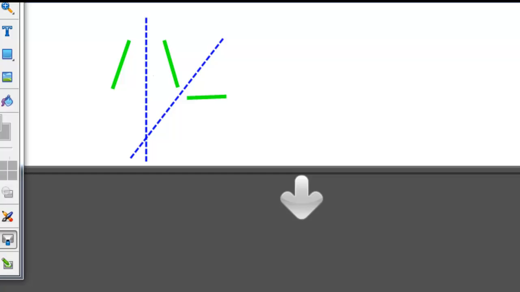And lo and behold, if you highlighted the point where these two lines intersect, and thought of that as the center of a rotation, you would find that from the pre-image to the final image, going about the point of intersection, if this little angle here is x, the arc going from the pre-image to the final image would be twice as much. It would be 2x degrees.